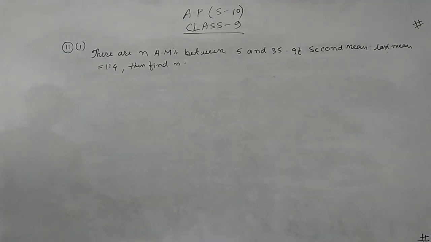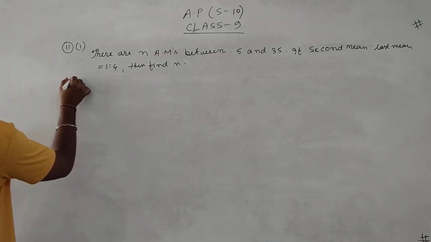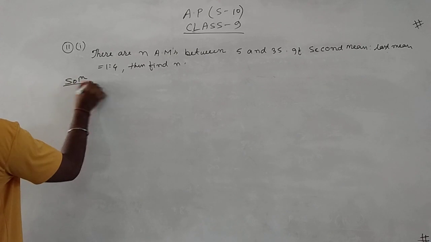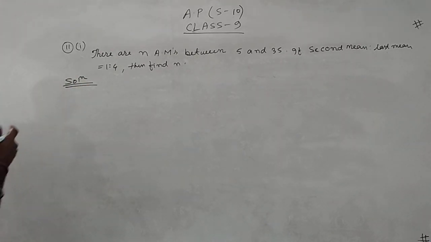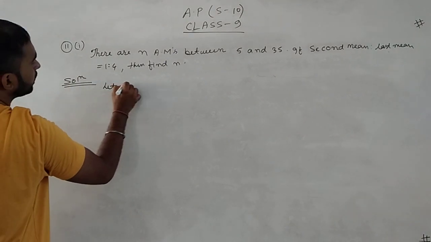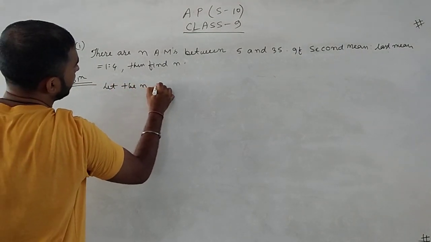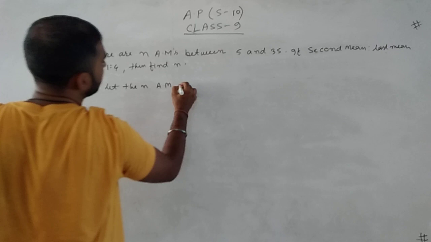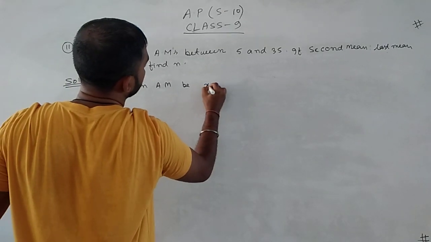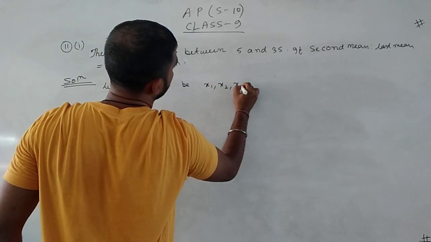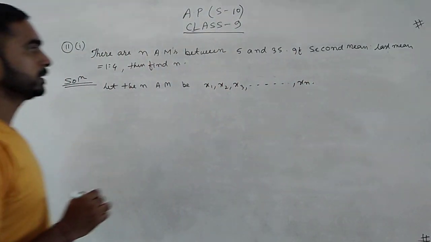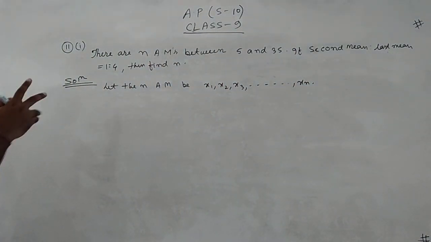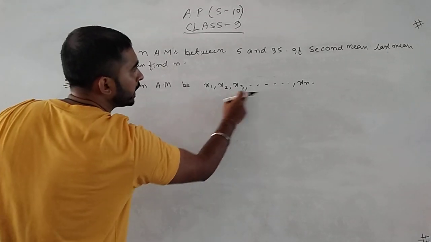Okay, now here the question is based on arithmetic mean. Now solution. There are n AMs between 5 and 35. So let the n AMs be x1, x2, x3 up to xn.